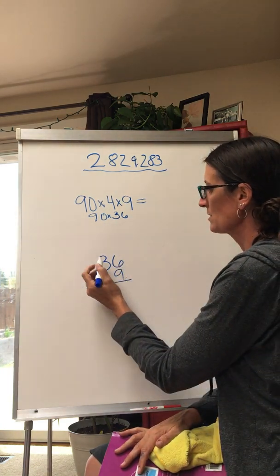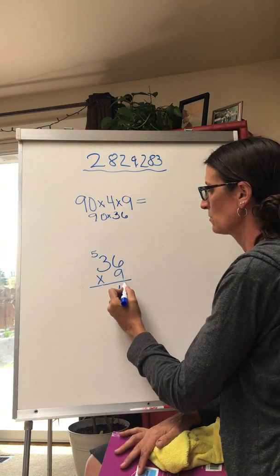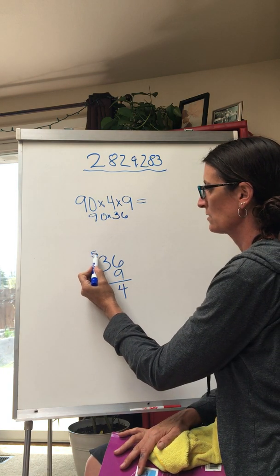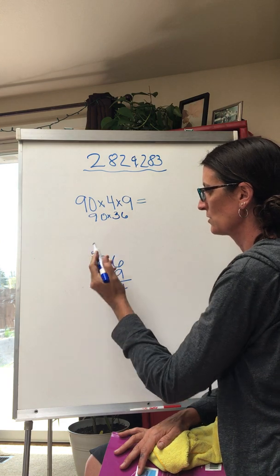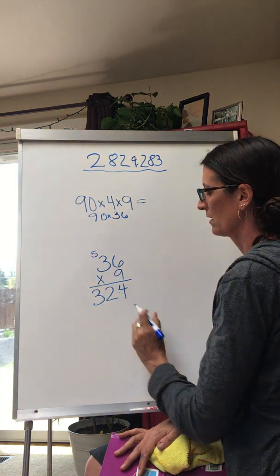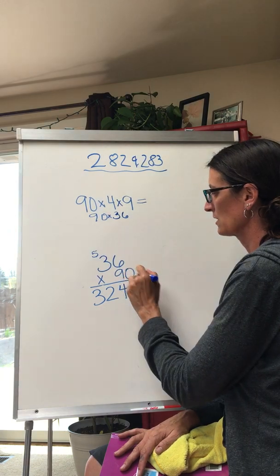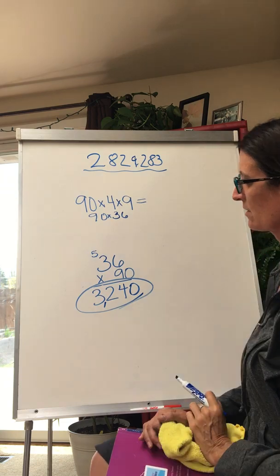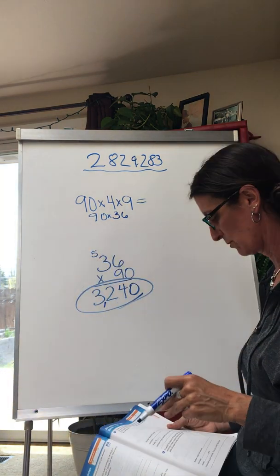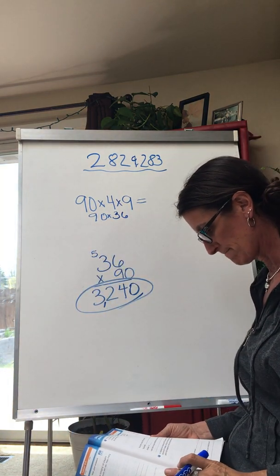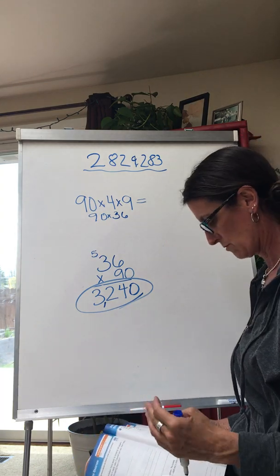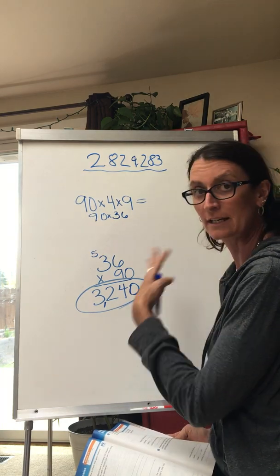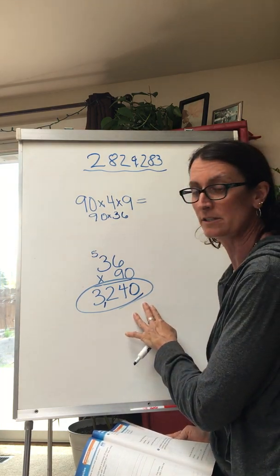So 9 times 6 is 54. 9 times 3 is 27, 28, 29, 30, 31, 32. And then, because it was actually a 0, I'm going to put that. So those runners ran 3,240 yards. Okay. And so you could also say, if I said how many feet, then you could even take it a step further and multiply it by 3 from yards to feet.